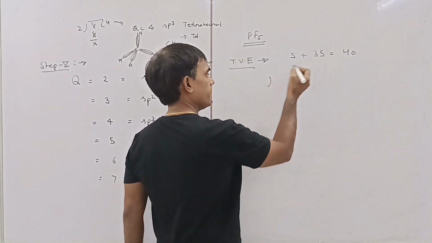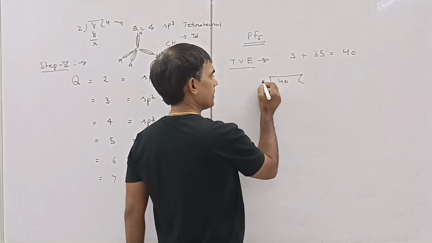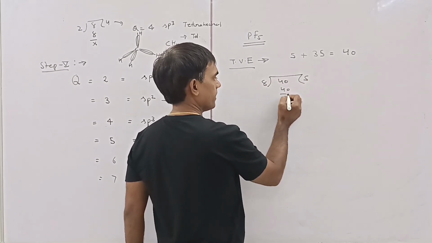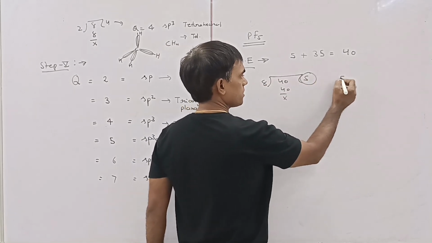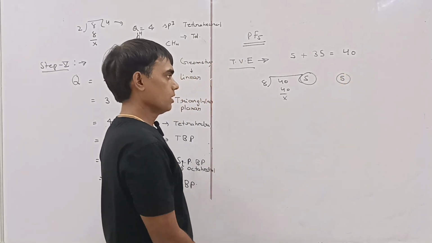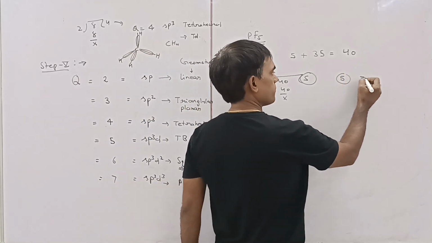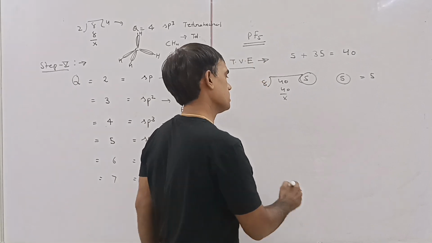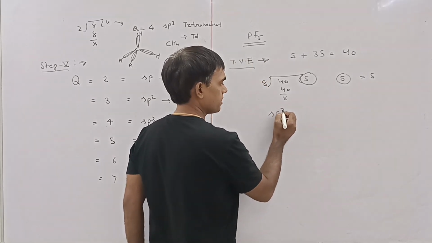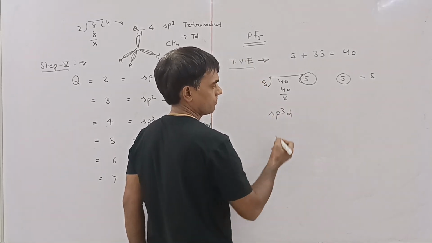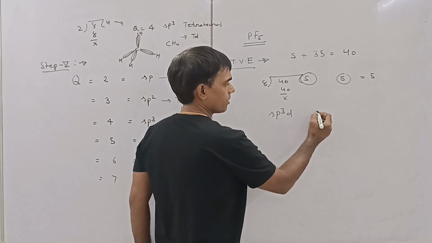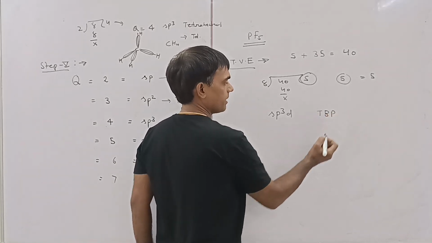Total number of valence electrons is 40. It is greater than 8, so we divide it by 8. The quotient is 5, so the hybridization number is 5. What will be the type of hybridization? sp3d. Geometry is trigonal bipyramidal.